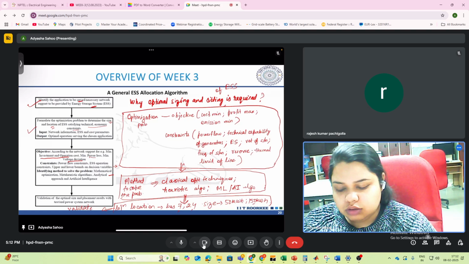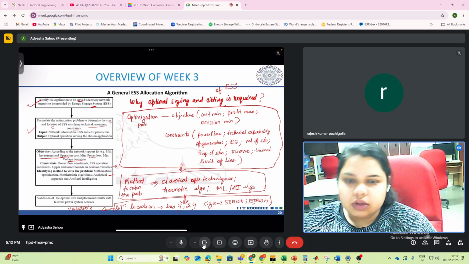So after that, we need to cross-validate whether the system is working fine. And if the system is working fine, that is the validation has been done, then we go for the installation of the battery in the actual network.